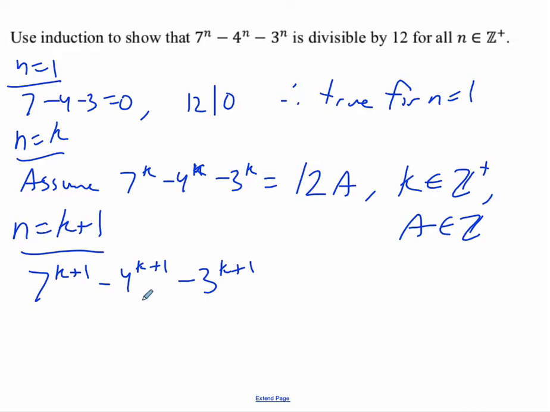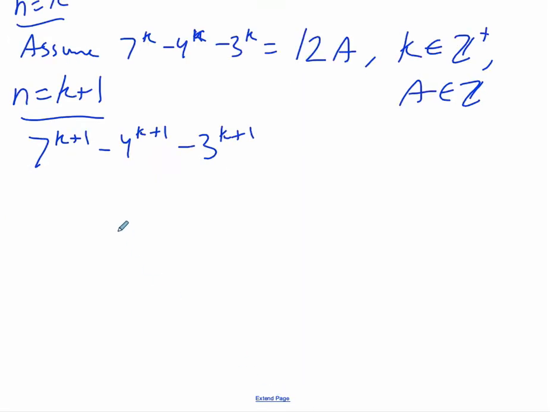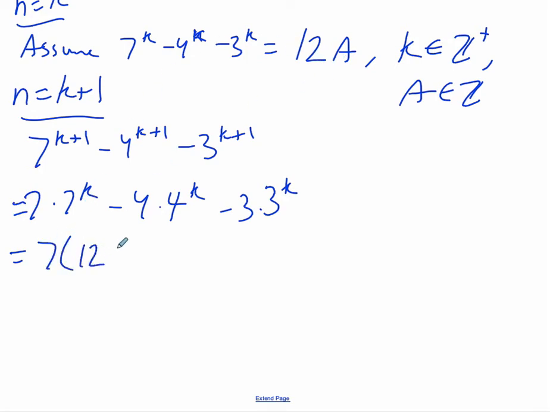Now for the n equals k plus 1 step, let's consider when n equals k plus 1. Okay, so we have this, and let's simplify this to 7 times 7 to the power of k minus 4 times 4 to the power of k minus 3 times 3 to the power of k. And now we can substitute in for the 7 to the power of k. If you just rearrange this up here, you can write 12a plus 4 to the k plus 3 to the k.